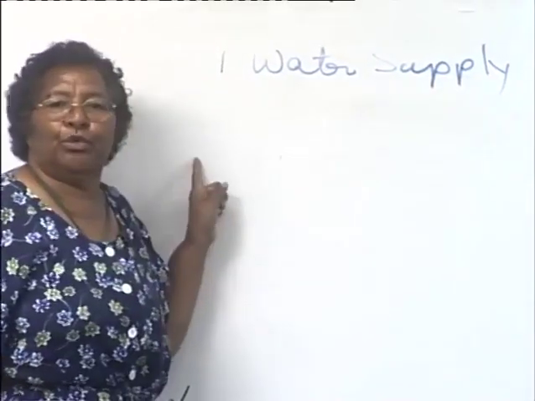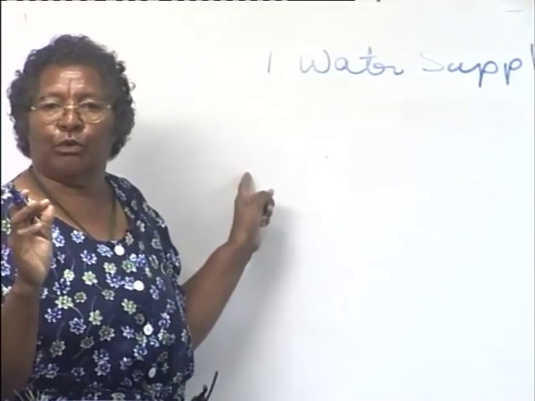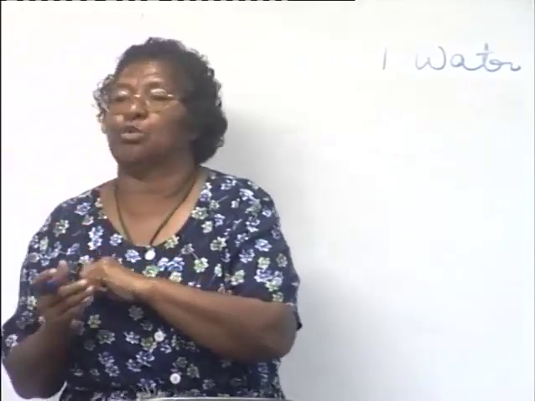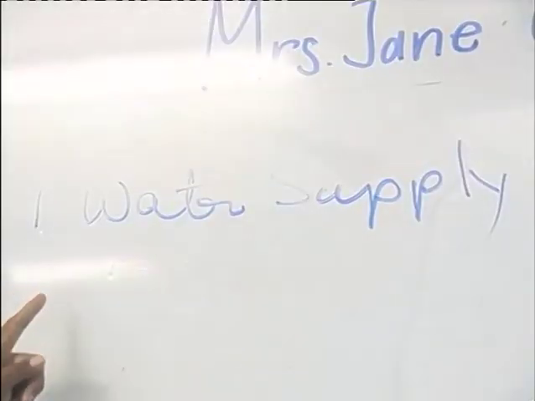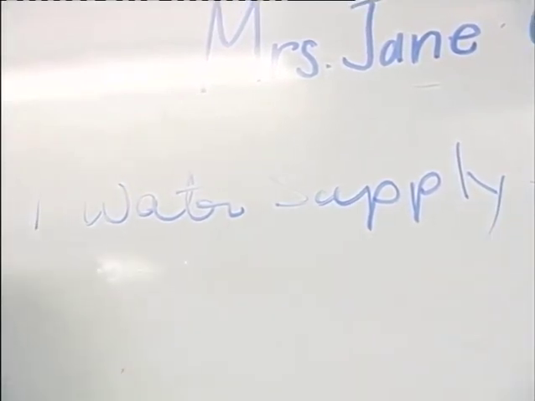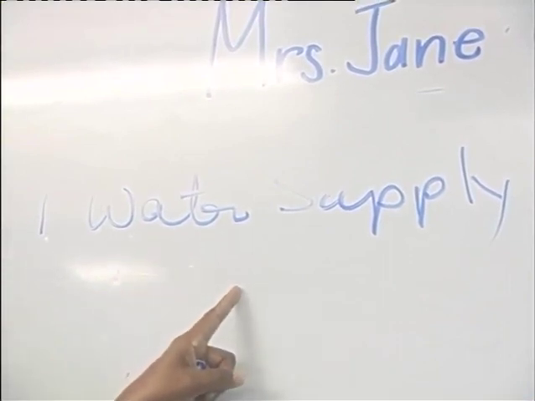What else do you think would be important? Now you think, put yourself in a community. Water supply, because they have to walk a long way to fetch water. So water is important. So the people will decide in the community that when you need water, who do you go to?